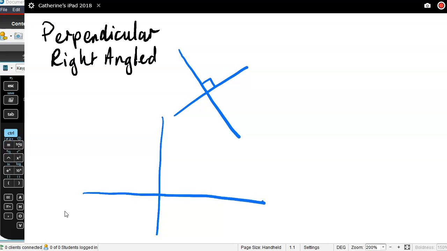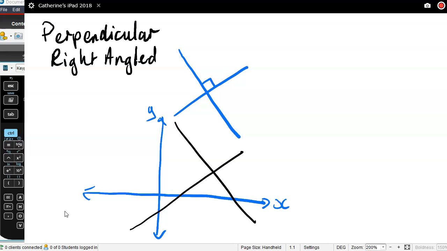It means we have our Cartesian plane, and we might have a line here and a line here. Now they're perpendicular to each other. Now you can probably tell already that, okay, that line has a positive gradient. That line has a negative gradient.